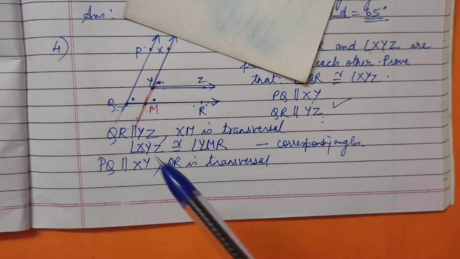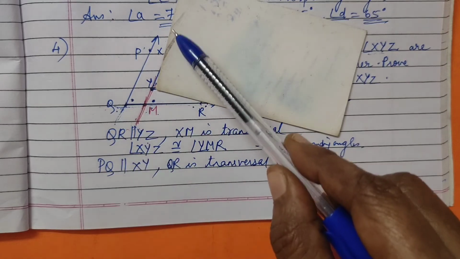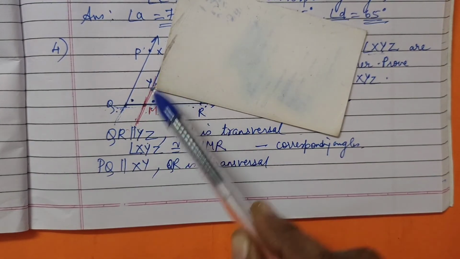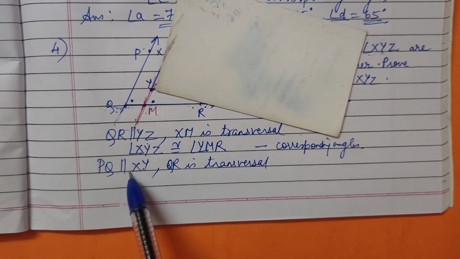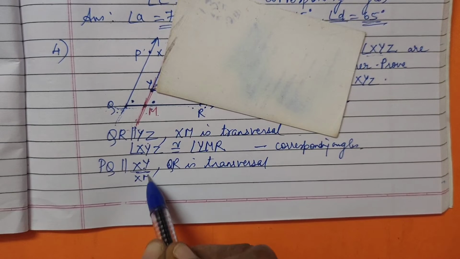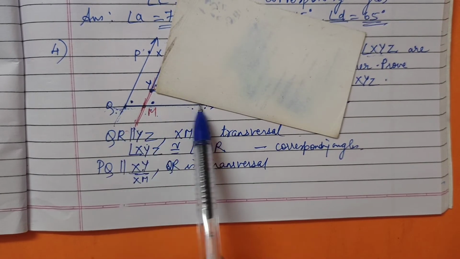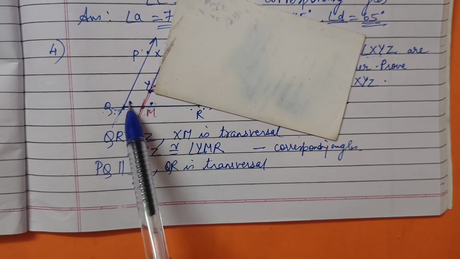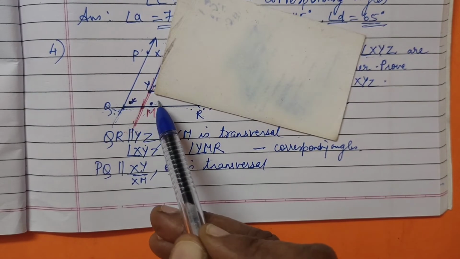Again, if you observe carefully, PQ is parallel to XY, or you can say XM, it's an extended line, up to you. If you want, you can write it as XM also. Now QR is a transversal. Look at this angle and this angle. What can we say about them? I put a star for this and this.